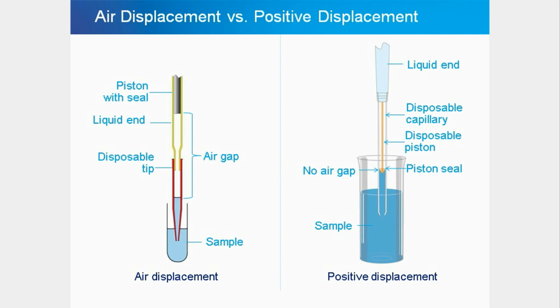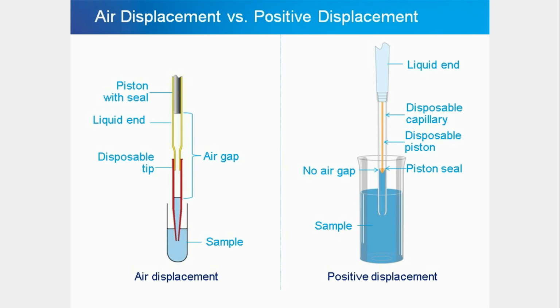In the positive displacement pipette, the end of the disposable piston comes in direct contact with the liquid, and as it is displaced inside the capillary or tip, the liquid sample replaces the void space beneath the piston. Since there is almost no air cushion at all, the vacuum is much stronger, thus providing much greater force, which allows denser and more viscous liquids to be pipetted accurately.